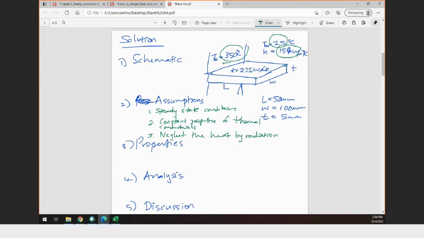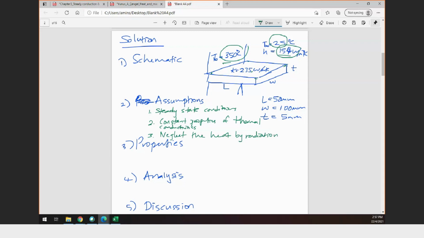Like I said, the h value can vary with time, so to simplify that, we assume that the h value is a constant. That's all we can put in the assumptions.